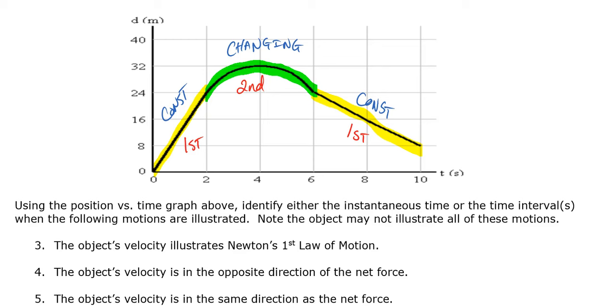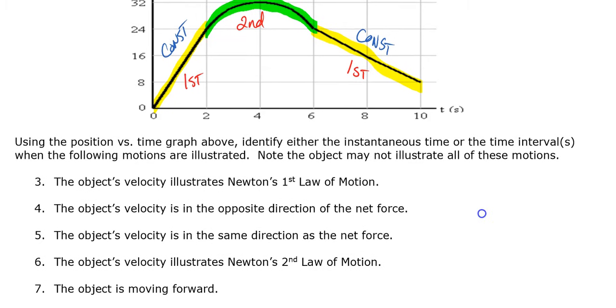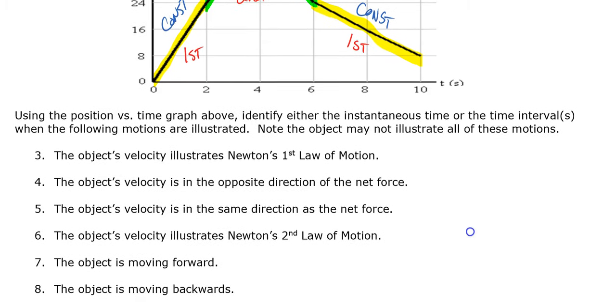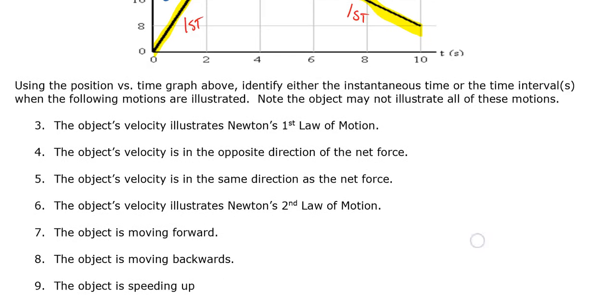4 and 5 are actually a little bit hard. We can come back to those in a little bit. Number 6, the object's velocity illustrates Newton's second law. So those are easy, right? Number 6 is easy. We already identified that. Number 7, the object is moving forward.